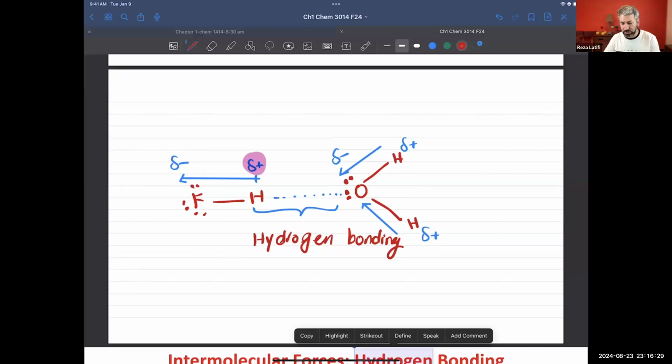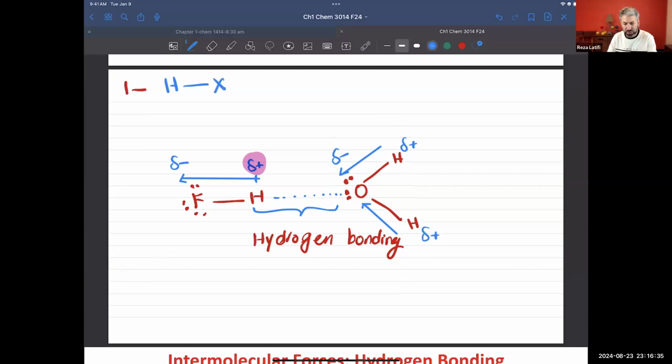So how do we get hydrogen bonding? One, we need to have hydrogen attached to X. And what's the X? It has to be an electronegative element like nitrogen, oxygen, or fluorine. Two, we need to have Y, and Y can be nitrogen, oxygen, again, or fluorine.